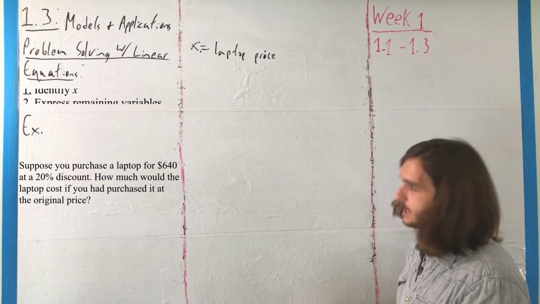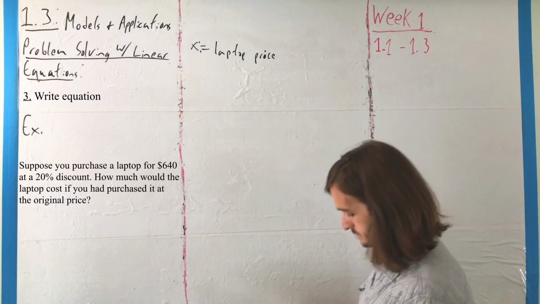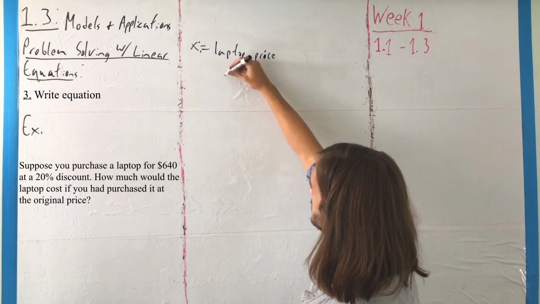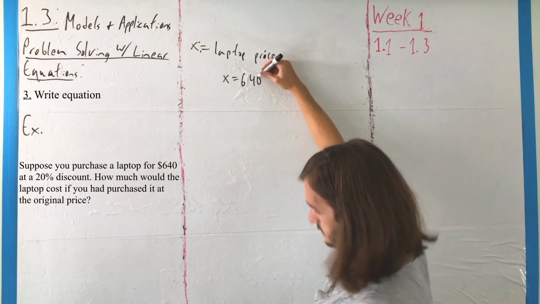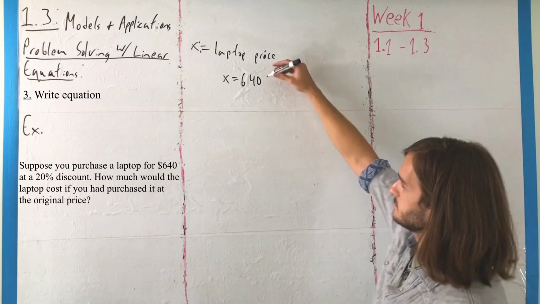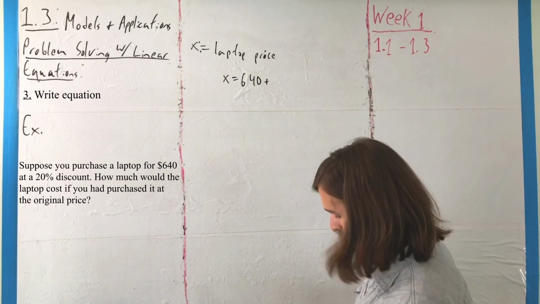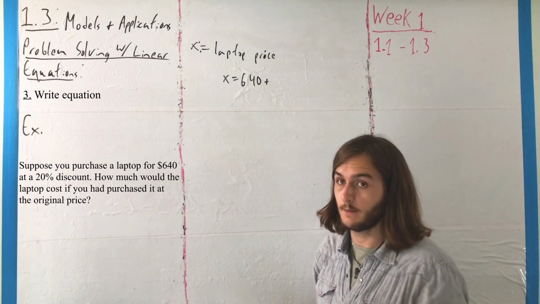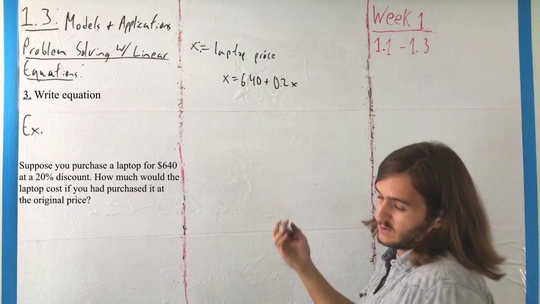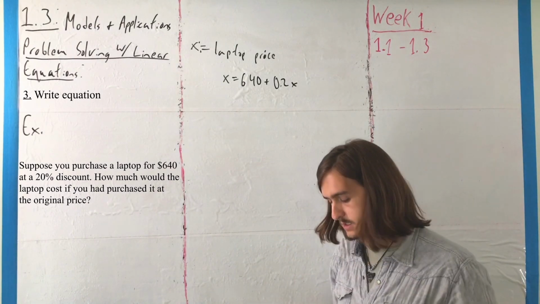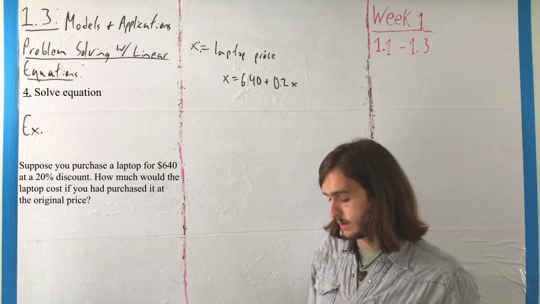In order to get that price of the laptop x, that's going to be equal to $640 plus what it took to get that 20% off, that is how much the 20% off discount was, which would be 0.2 times the original cost. So that's our equation, and if we want to solve this equation, it's still pretty straightforward.